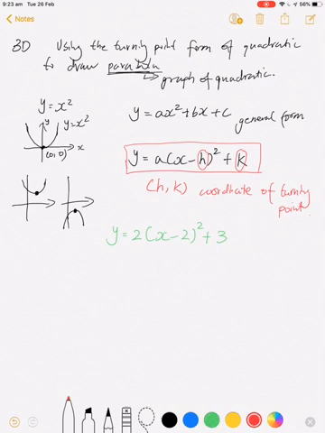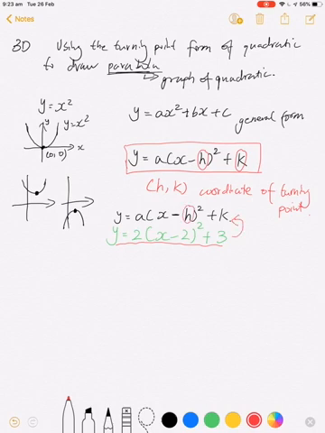Let me write the turning point form over here: y equals a times (x minus h) to the power of 2 plus k. Now you just compare this rule to our turning point form.